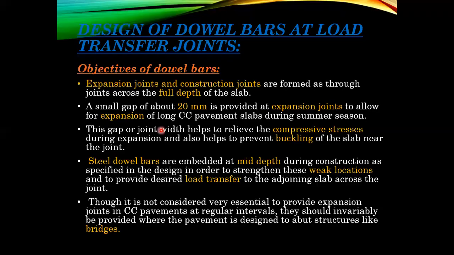And for every third or fourth slab, you are going to construct an expansion joint. This first joint may be a contraction joint, the second one may be a contraction joint, and the third or fourth one may be your expansion joint. You are going to design in such a manner in your CC pavements.